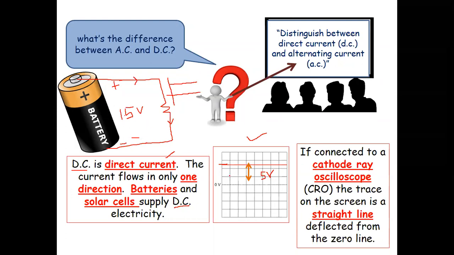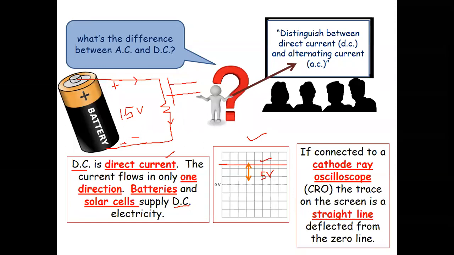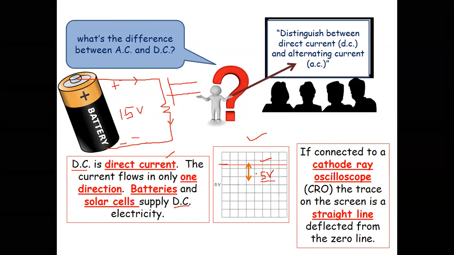If it shows a constant line with a positive magnitude, it means it is a DC generator, and the voltage generated by the DC generator is plus 5 volts. That is about DC.